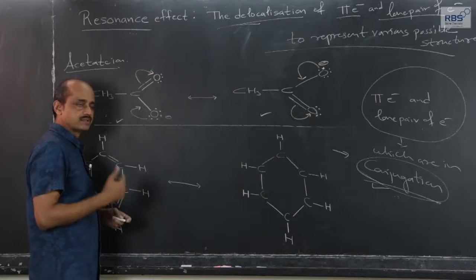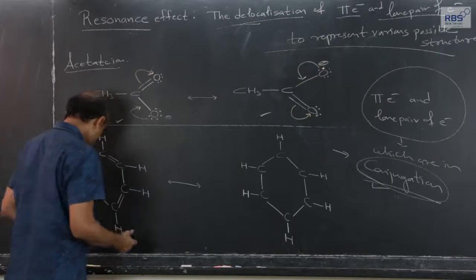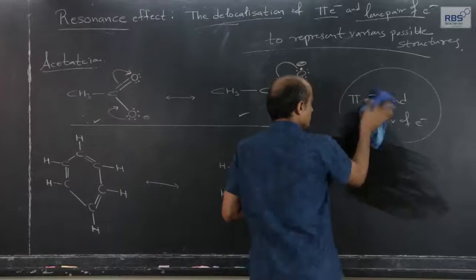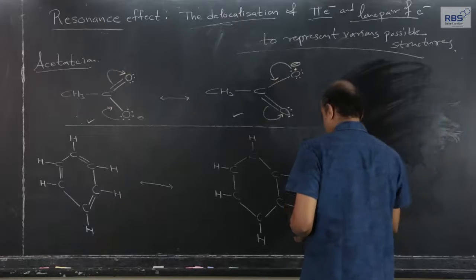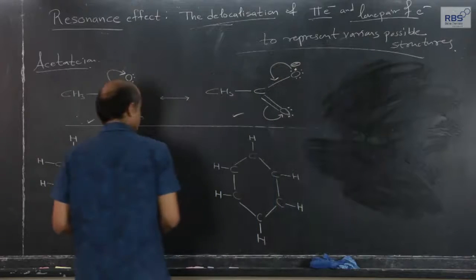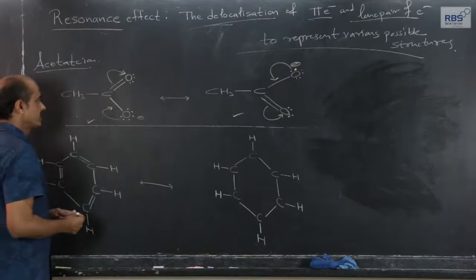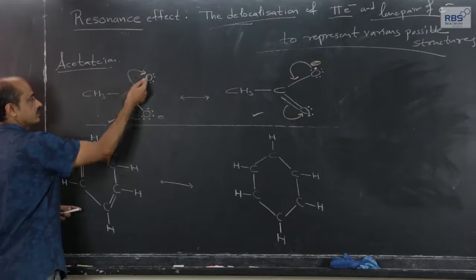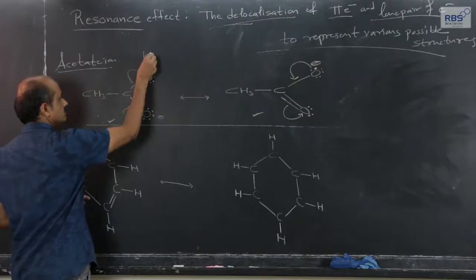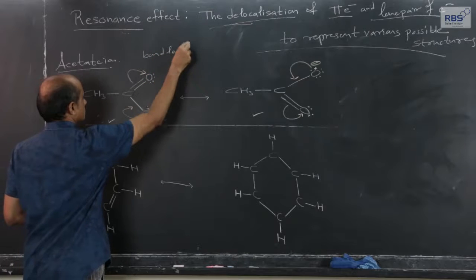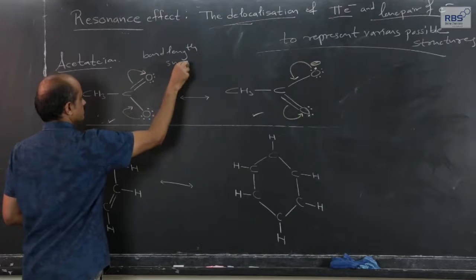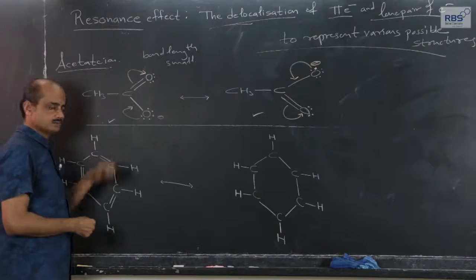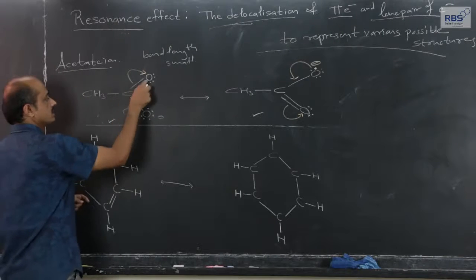Now, how can this be explained? The explanation is simple. If we consider any one out of the two for the sake of study, what we expect is that this carbon oxygen bond length should be smaller, because there is a double bond. The sigma bond here is formed by sp2 and sp2. Bond length is small, as a double bond is present.